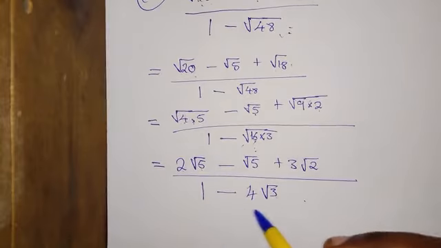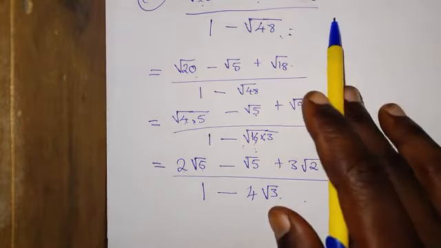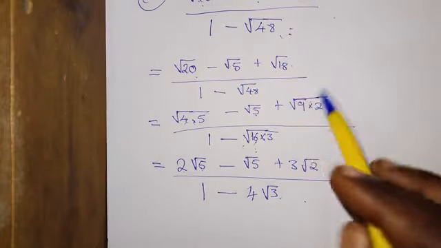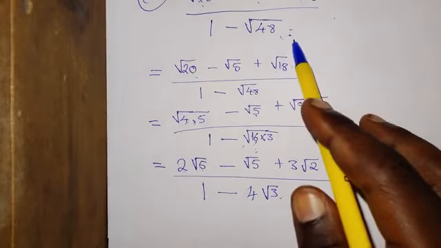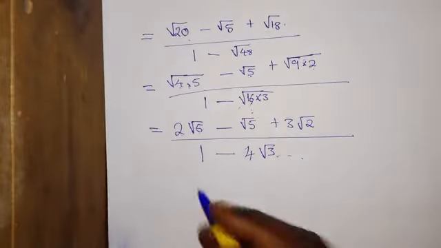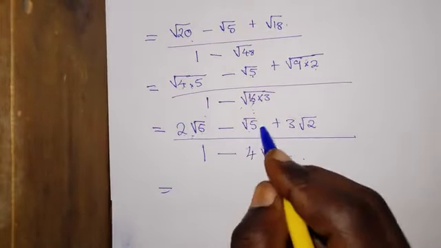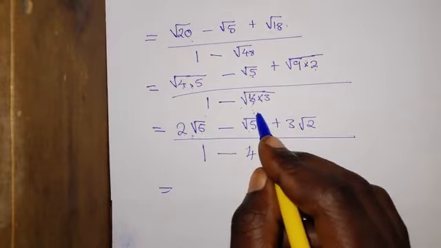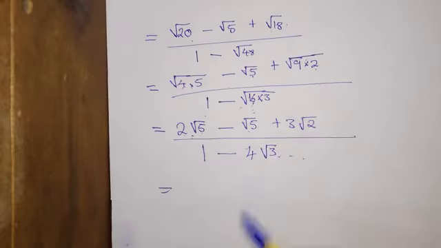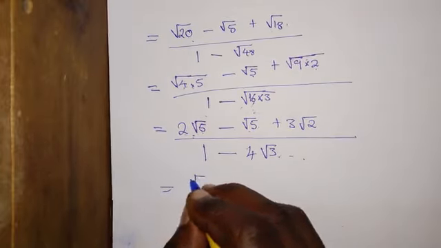It is easier to work with this one than with the other one, because this one leads us to like terms. 2 root 5s minus 1 root 5. It is 2 spoons minus 1 spoon, so we are just going to remain with 1 spoon.